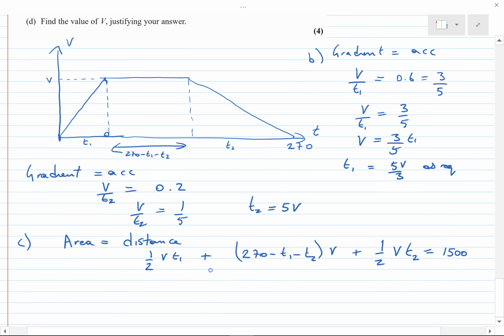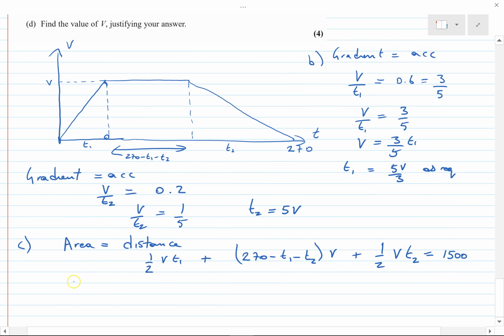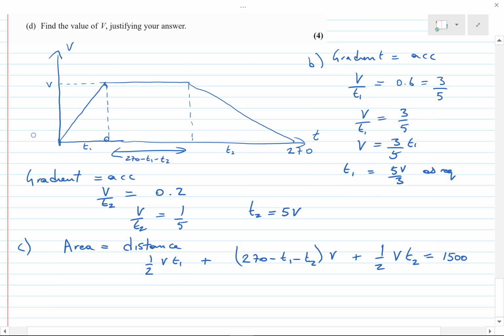Okay, so now we can just put in the values for t, and hopefully we'll get the kind of quadratic they're looking for of that form.